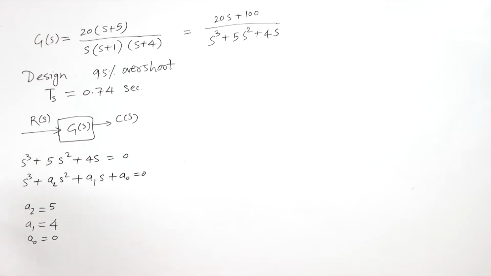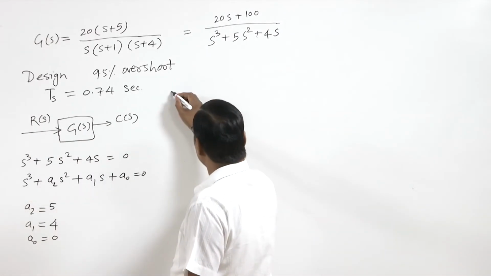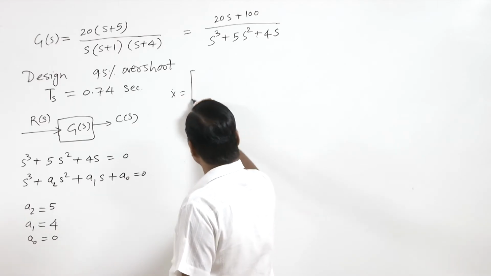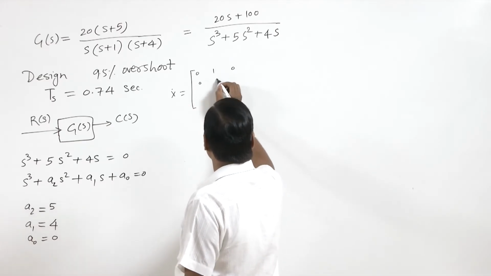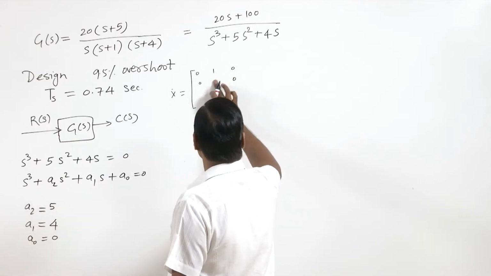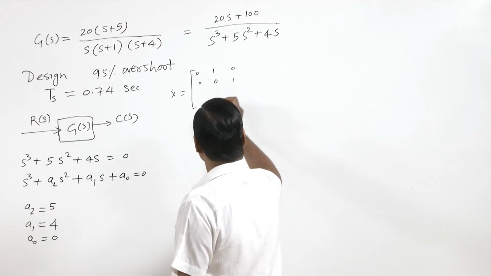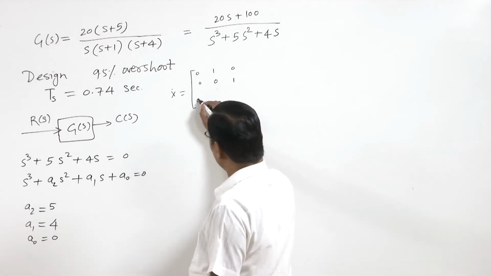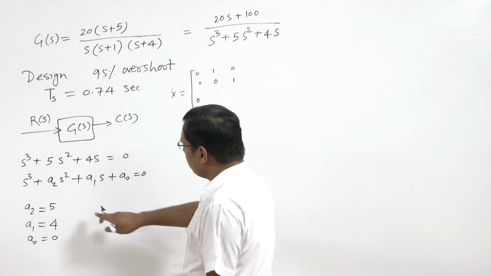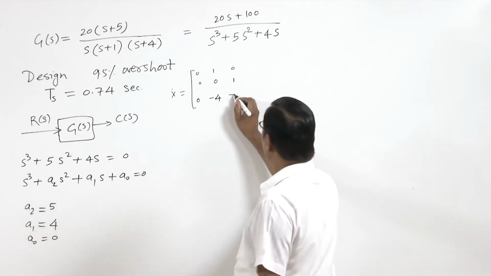So we have the system. If we represent this system in the state space, we can write x dot equal to 0 1 0, 0 0 1, and here we can write reverse order with negative sign. So this is 0 and this is minus a1, so minus 4, and this is minus a2, so minus 5.